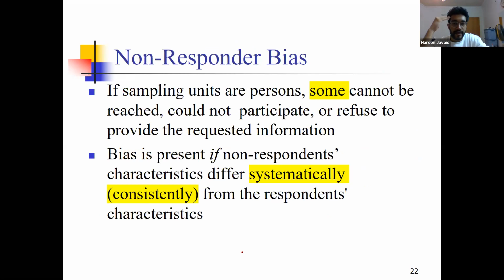Non-responder bias. Basically, you first calculate your sample size, and then you know who your sample is, the people in your sample. You know these are the numbers I'm going to go and ask questions of. Now you give them a questionnaire and they don't fill it out.